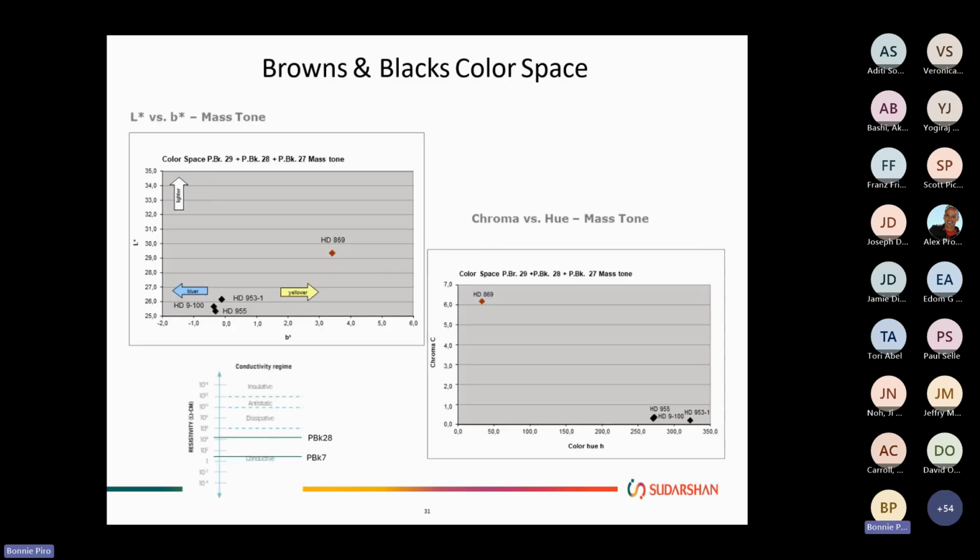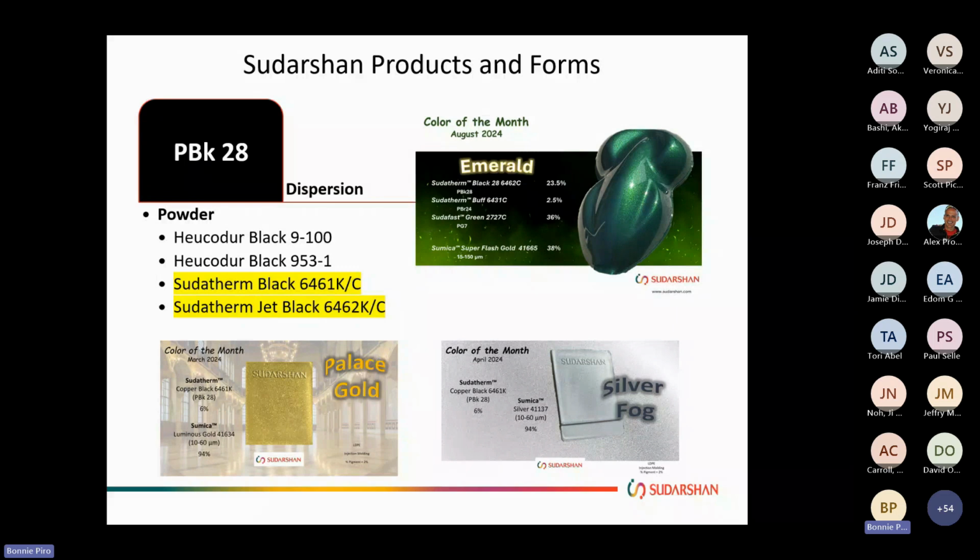From a shade perspective, from both brown and black area, you can see where they fall with respect to the blueness aspect of it. They typically are to the more blue side and available. From a product perspective, there are several available to be able to do that.